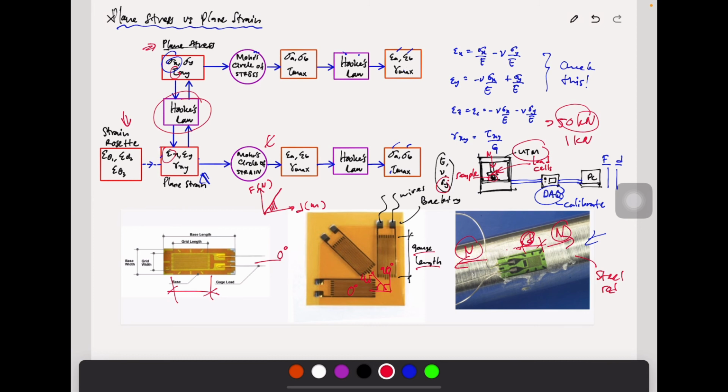To end this introduction for strain transformation, where we talk about plane stress and plane strain, the purpose of understanding is to get into the device that you are seeing right here. Of course the strain rosette is going to be mentioned in the question, but most of the time it will be given as a schematic diagram.